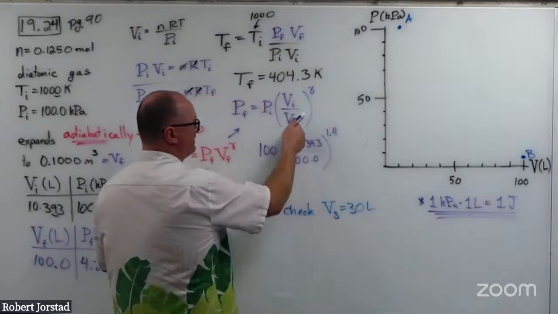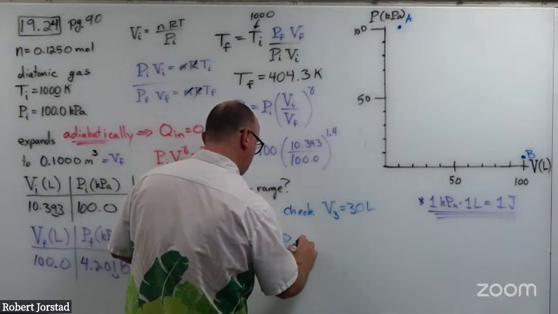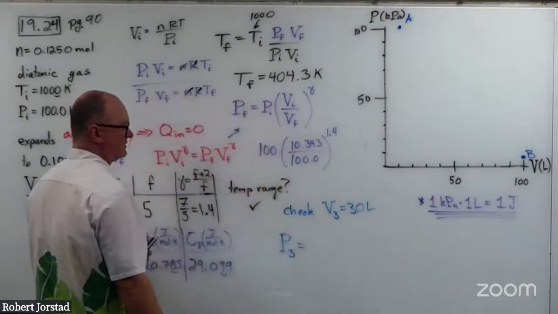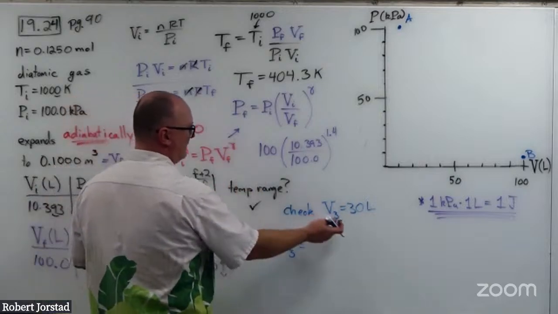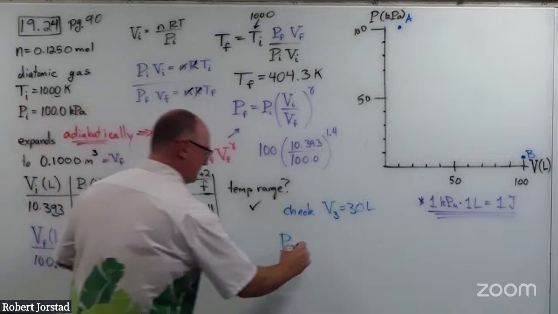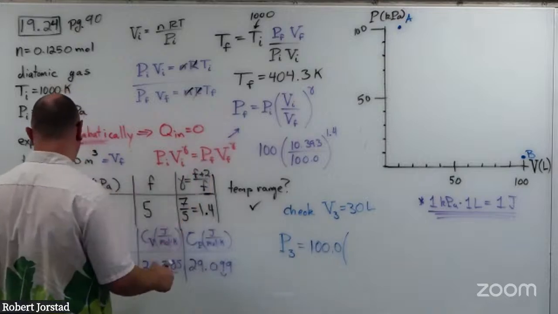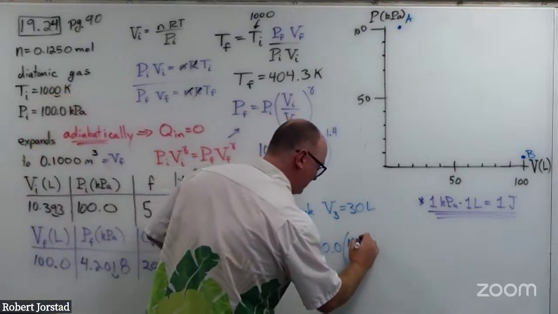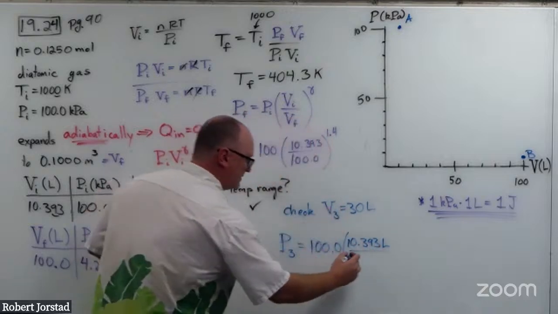So I'm going to punch that into here and I'll get pressure 3 equals, and you could use either the initials or the finals, but I'm going to go ahead and say this V3 is the final. That would give me P initial, which was 100, times V initial, which was 10.393 liters, and then I want to use 30 liters.